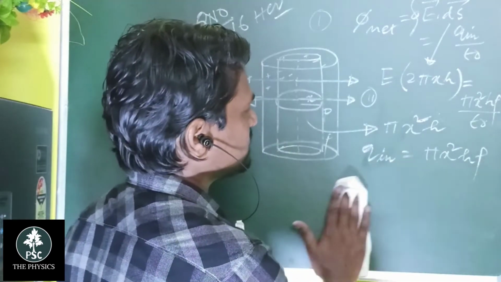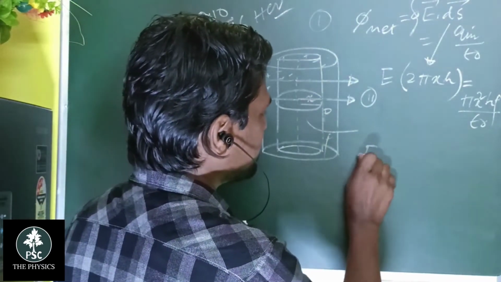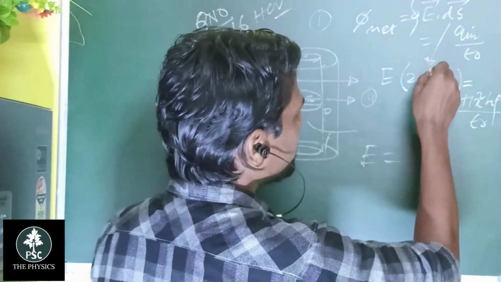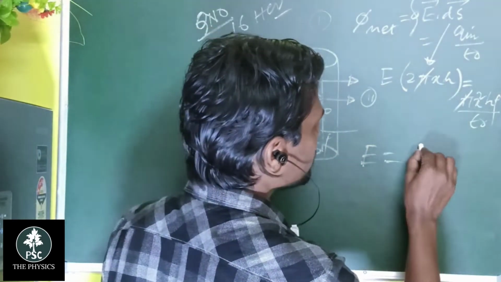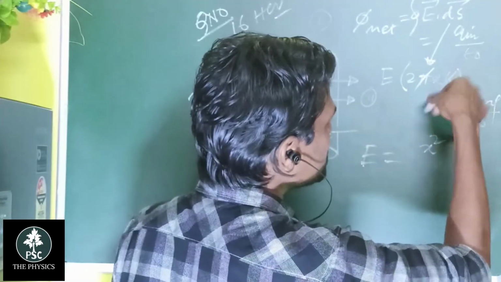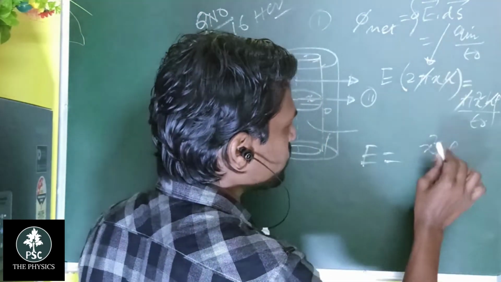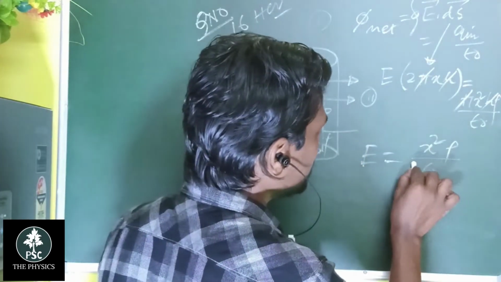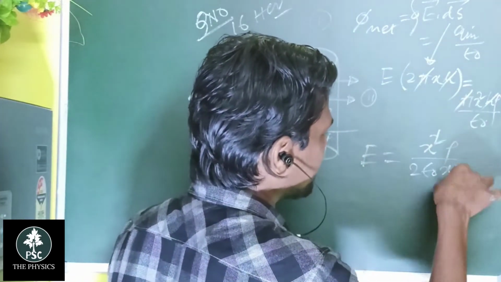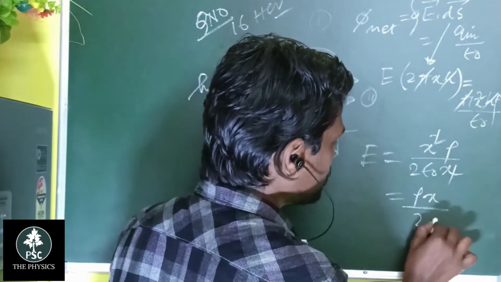Students, then you get the electric field: pi and pi cancel, x squared h cancels with 2 x h, then x and x also cancel. So E equals rho x by 2 epsilon naught.